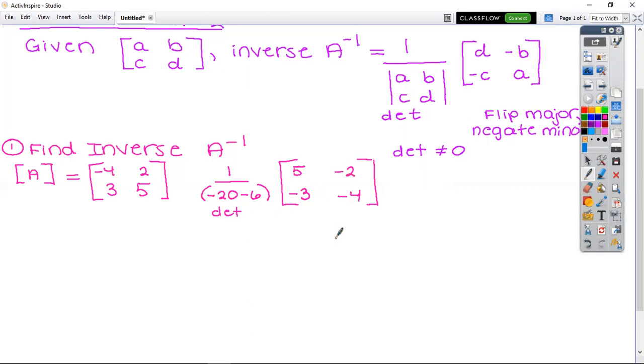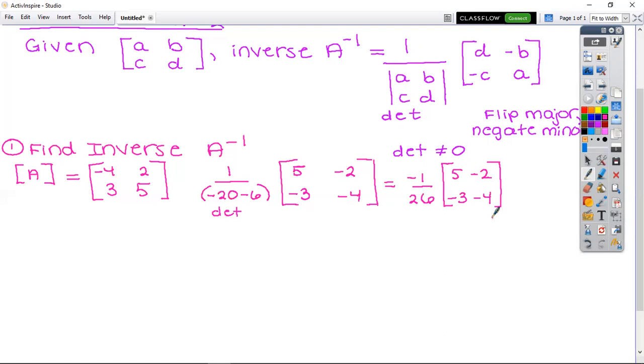You're really almost done. So this is going to be equal to 1 over -26, times the matrix 5, -2, -3, -4. The reason that these are relatively quick when you find the inverses is this is just scalar multiplication.